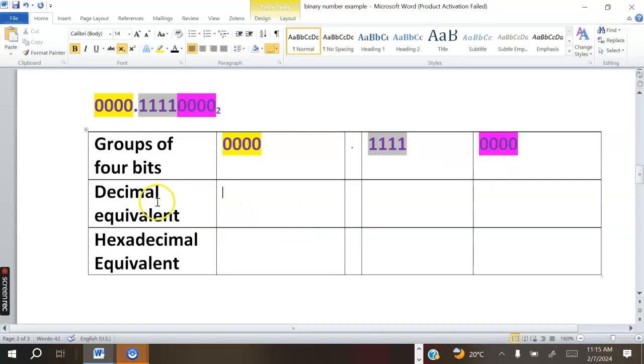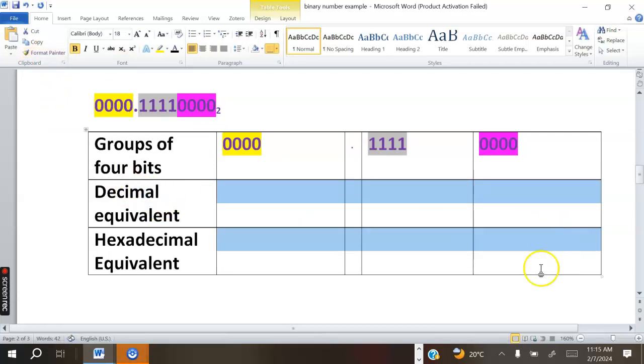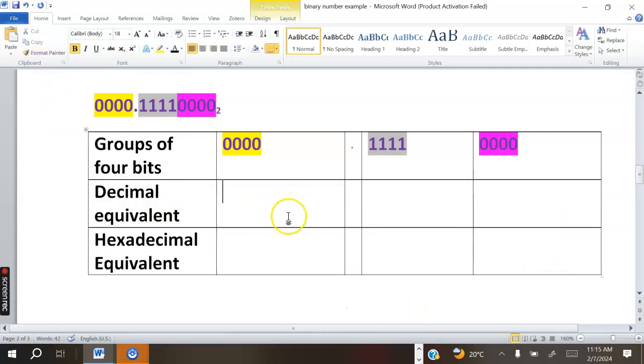Okay, having done that, the next step is to get the decimal equivalent. The decimal equivalent for 0000 is actually 0, a normal 0.